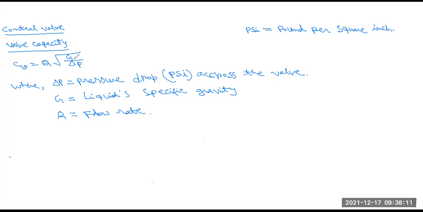For different types of liquid, such as an acidic fluid or soluble liquids, the specific gravity changes. And delta P is the pressure drop, the change in pressure, expressed in PSI, pound per square inch, across the valve.